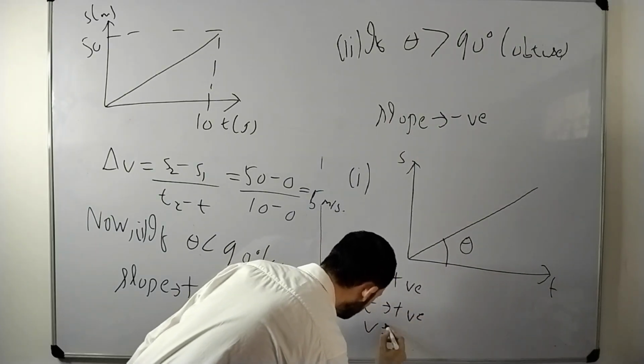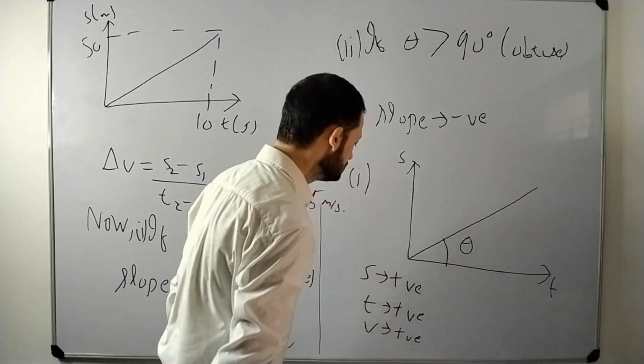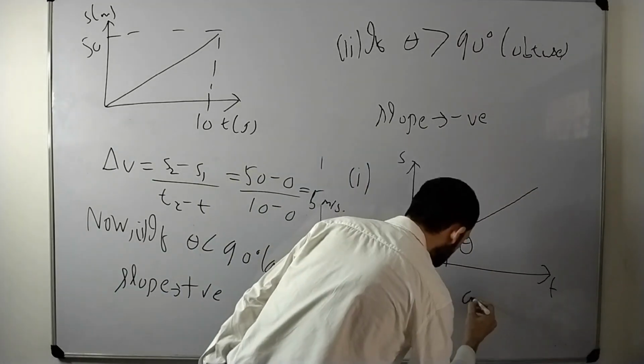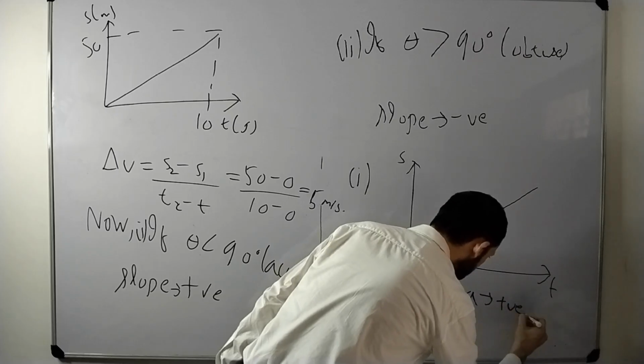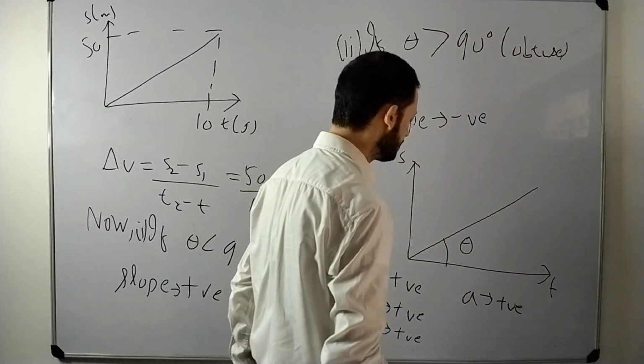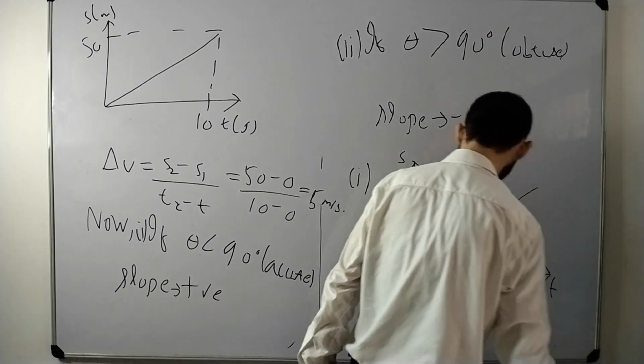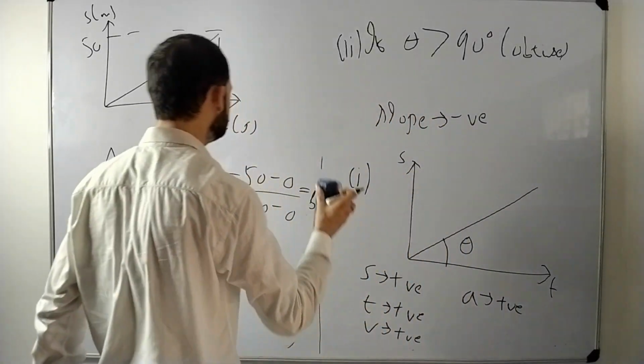So velocity comes out to be a positive value, sir, and acceleration happens to be positive since velocity is positive.